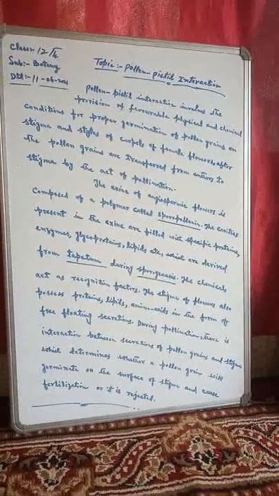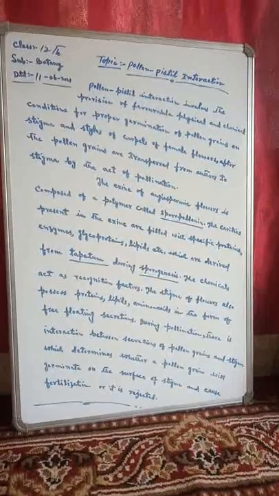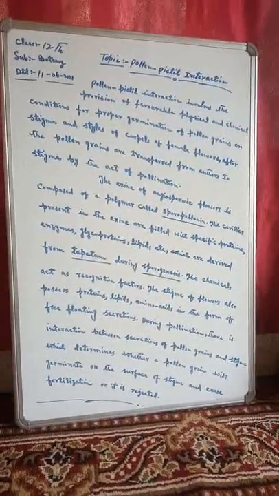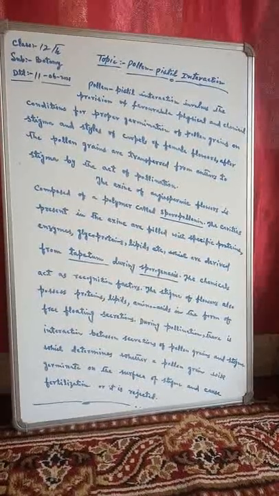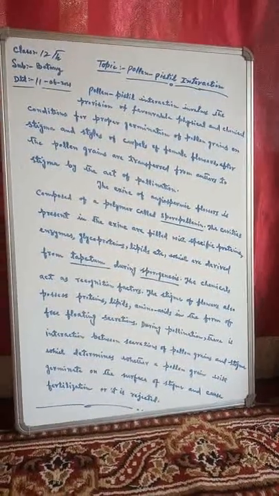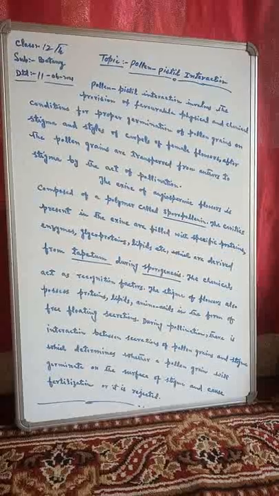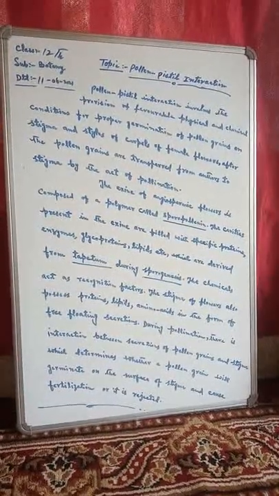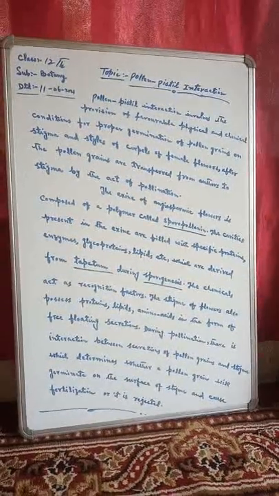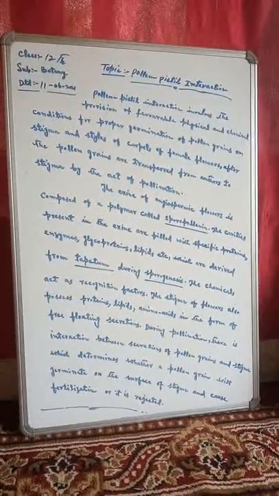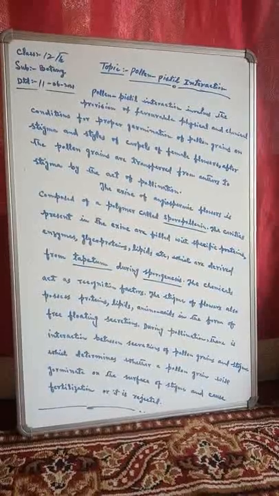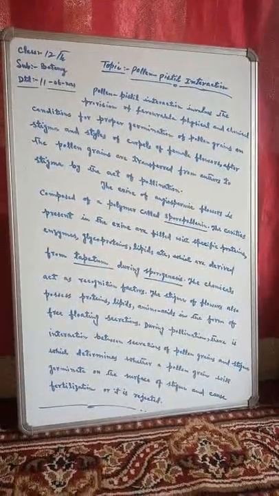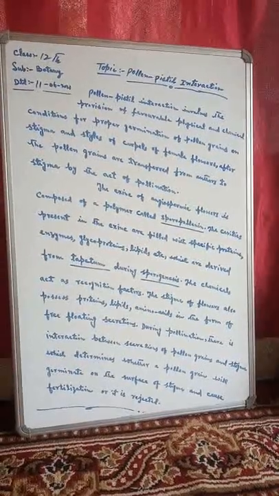We have studied the pollen grains and the structure of a pollen grain, and we have come to know that it consists of two layers. The outer layer is called the exine and the inner is called the intine. And we have also seen that the pollen grains germinate on the stigma of the style of a carpel.